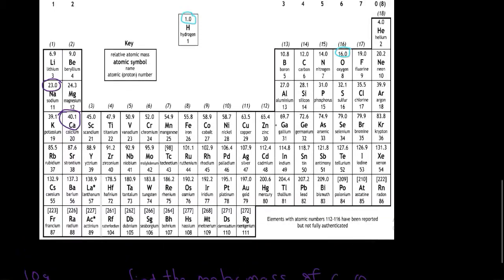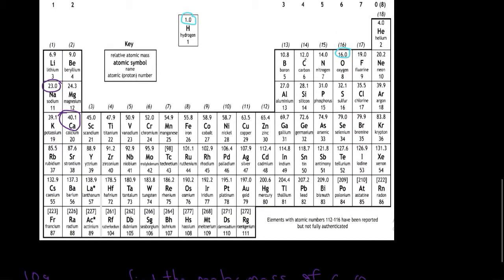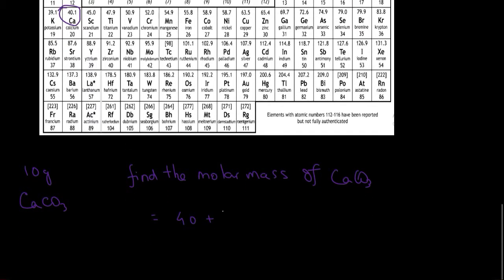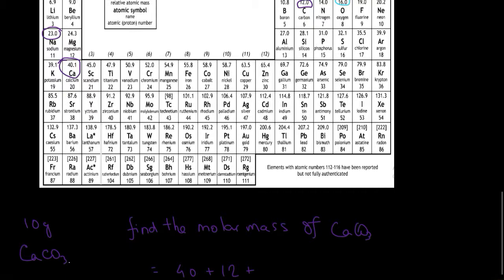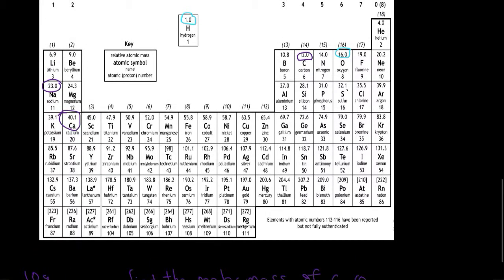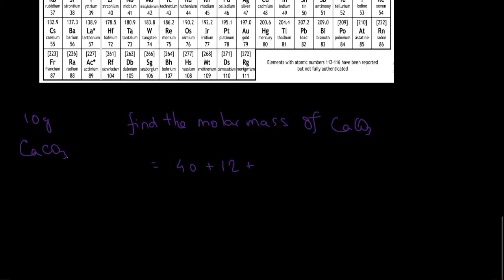So I go to the periodic table again. I find out that the molar mass of carbon is 12 plus. Then I have 3 oxygens. So I go to the periodic table again. I find out that oxygen's molar mass is 16, but I have 3 of them.